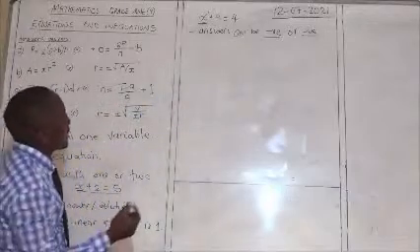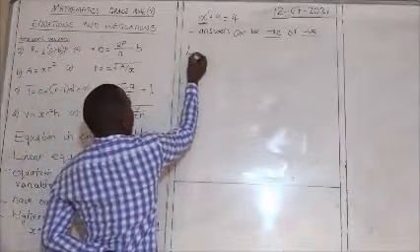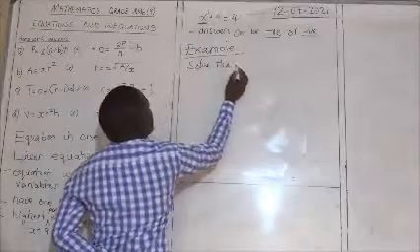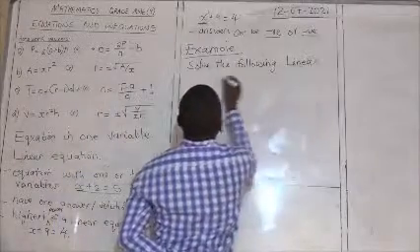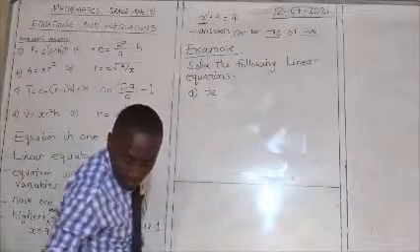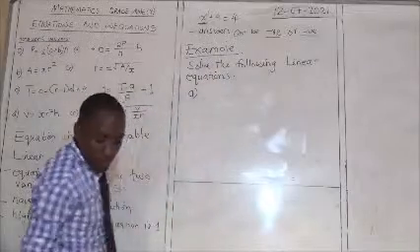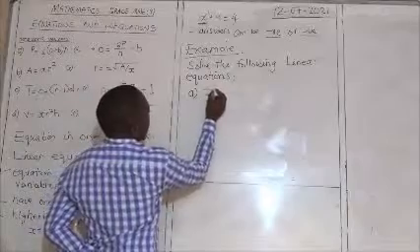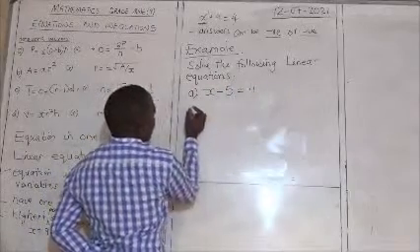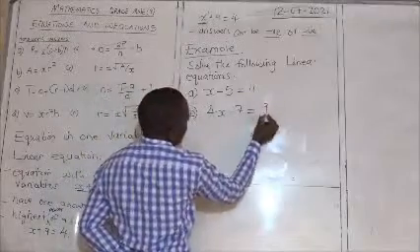Okay, let's look at some examples for linear equations. Solve the following equations. For A, we are saying that x minus 5 is equal to 11. B, x plus 2 is equal to 9.